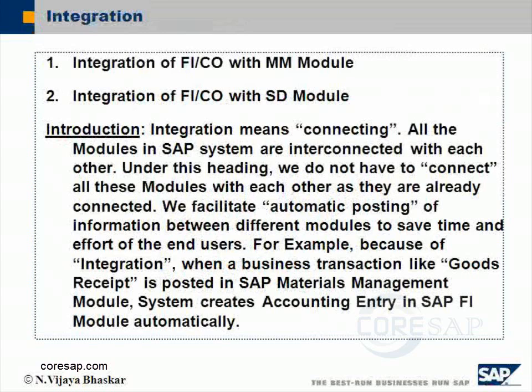He enters very few details like name of the material, name of the vendor, quantity he is receiving, and other relevant stuff. He will never talk about the accounting entry. He doesn't specify the GL account number or anything. But the system understands that the business transaction posted in the MM module is relevant to accounting and creates the purchase entry automatically in the respective accounts.